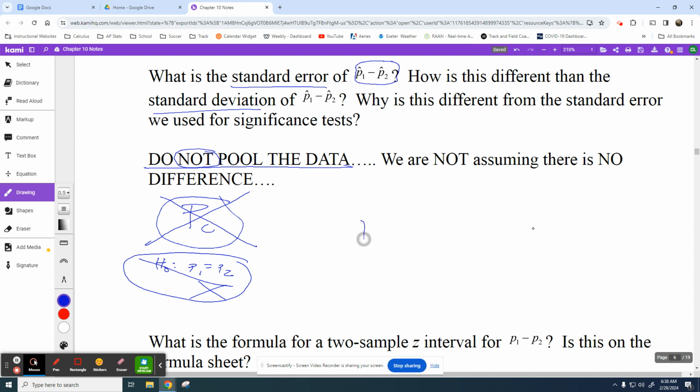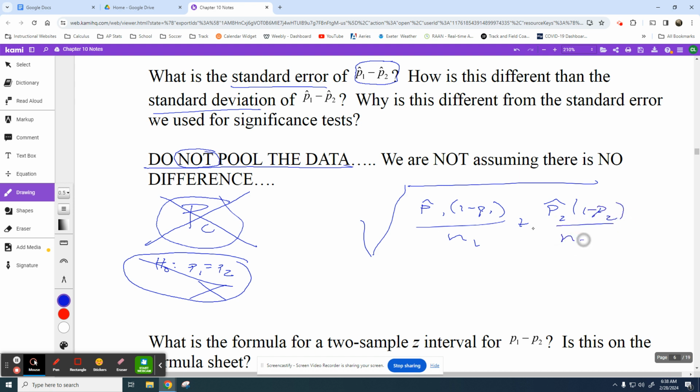So it basically becomes that big equation of p hat 1 times 1 minus p hat 1 all over n1 plus the same for sample 2. We treat them separately like we originally did. Remember, the only time we're going to pool them is in that proportion for a significance test. So this is our standard error idea for our confidence intervals.